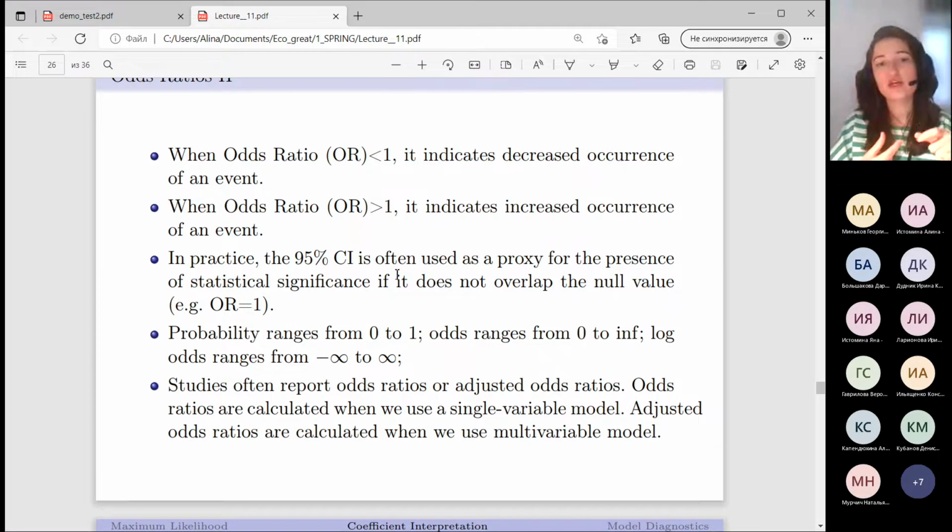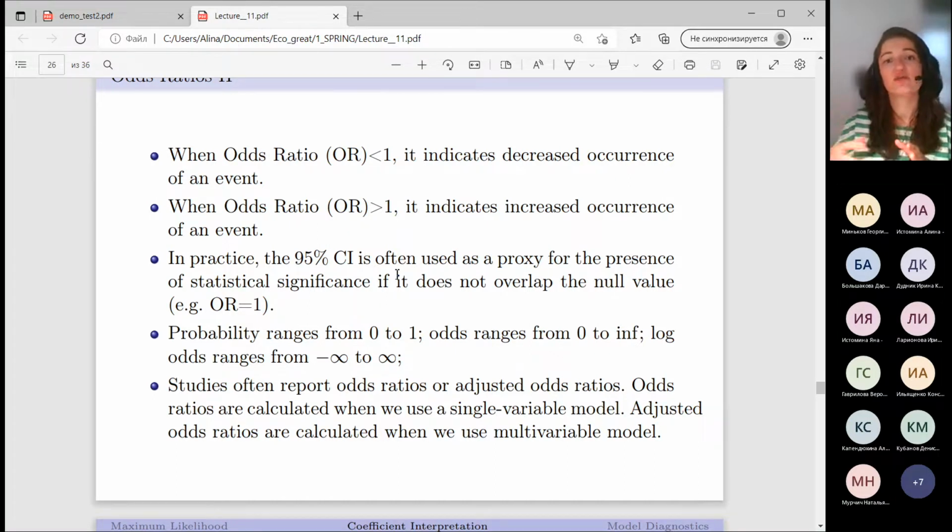Traditionally, odds ratios are reported in studies such as occupational health, medicine, health outcomes, and sometimes in some management and economic studies.